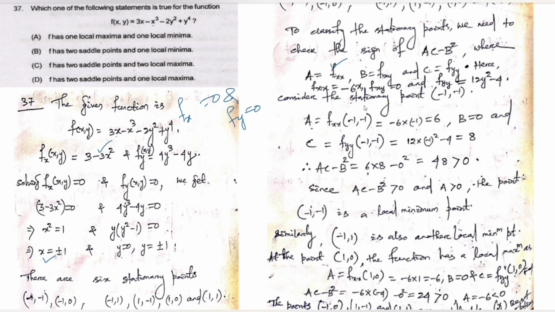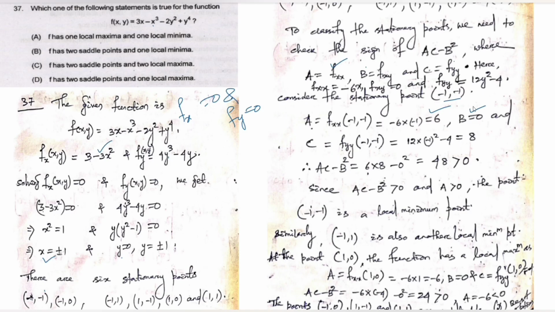First of all, let us consider the stationary point (-1, -1). At this point, we have to check the sign of AC - B^2. Let us first calculate the value of A. A is -6x here. So at the point (-1, -1), A is -6 times -1, which is 6. B is the mixed partial derivative of second order, which is 0.